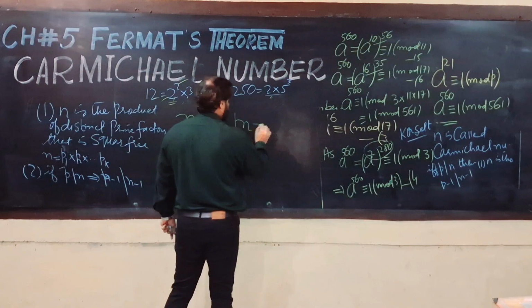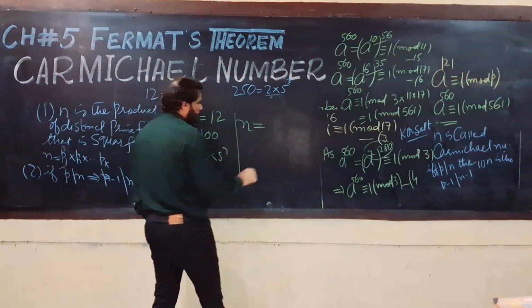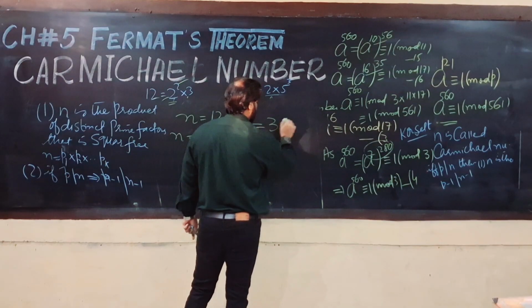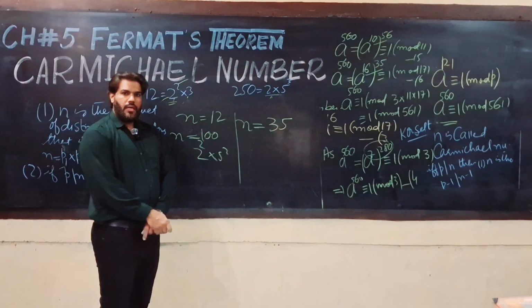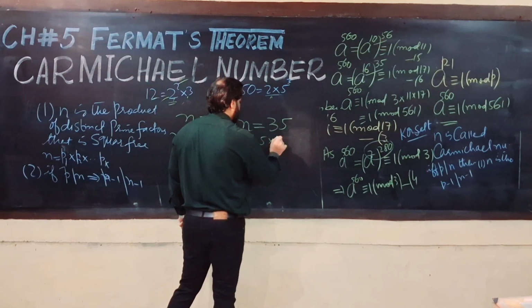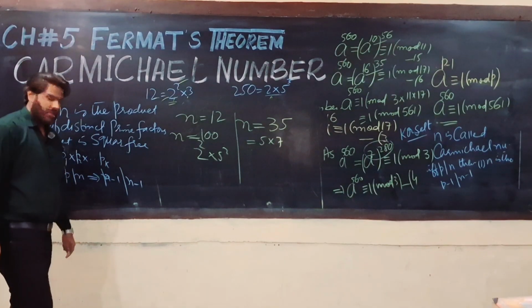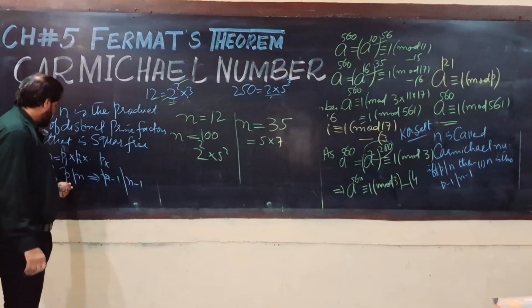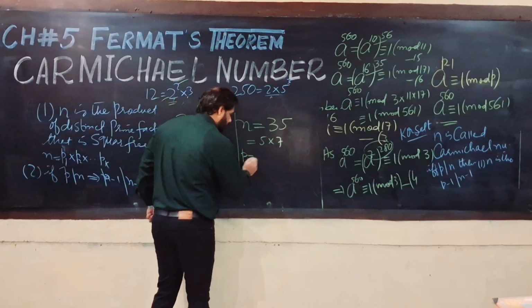Suppose my number is n equal to 35. Is this number a Carmichael number or not? The first condition is, what is its prime factorization? This is 5 into 7. The first condition holds. The second condition says, if some prime number divides n, so take p equal to 5.